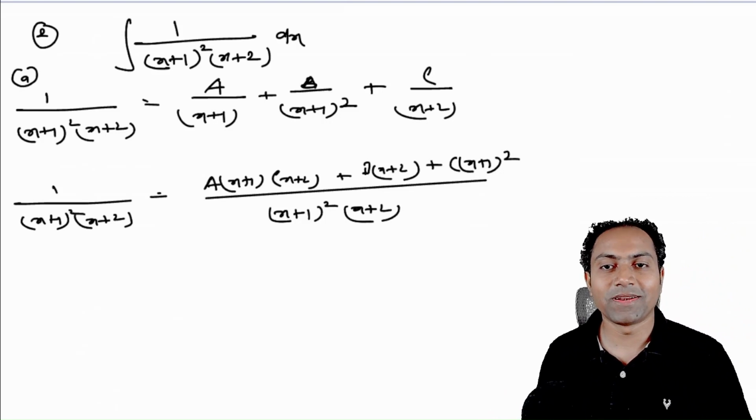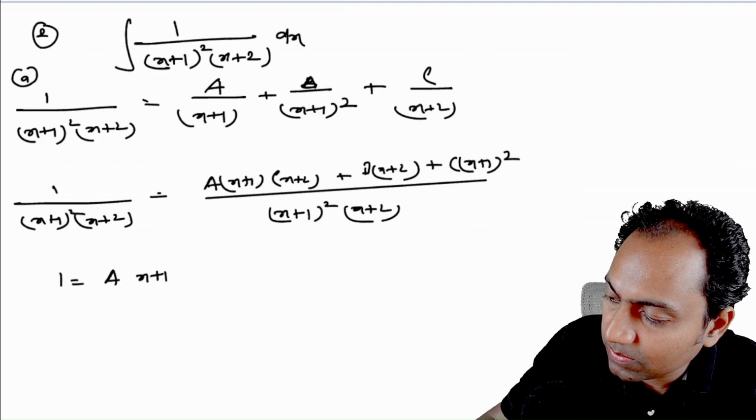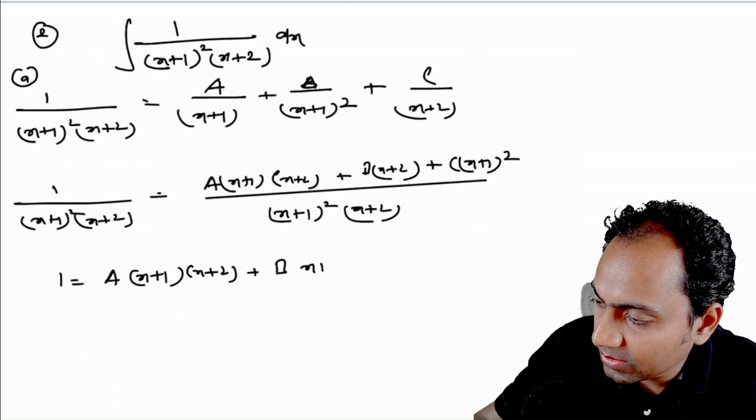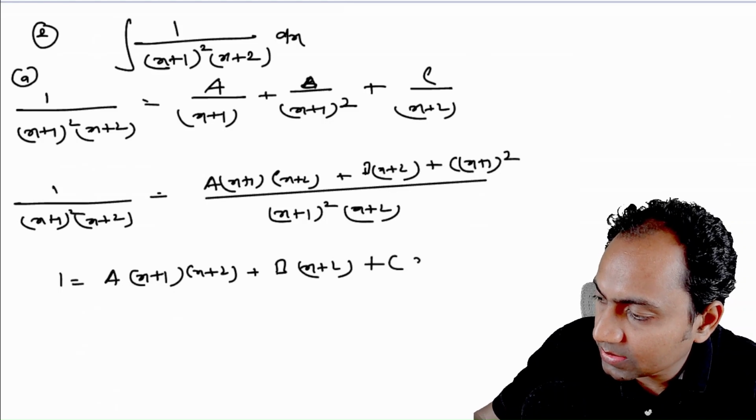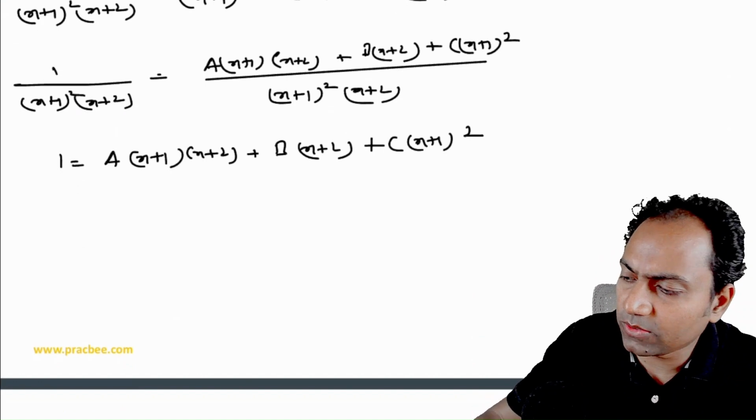If I simplify it in the next step, 1 would be equal to a into x plus 1 into x plus 2 plus b into x plus 2 plus c into x plus 1 whole square. Once you have got this, let us find the values of a, b and c by putting in values.